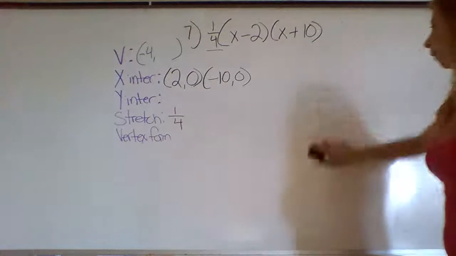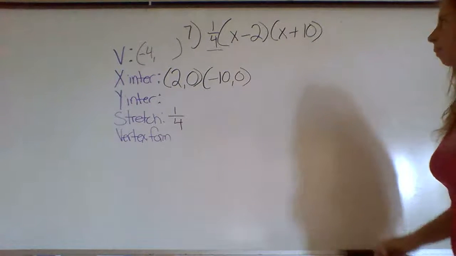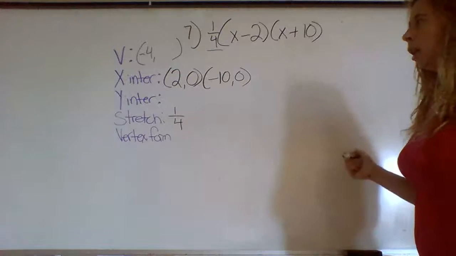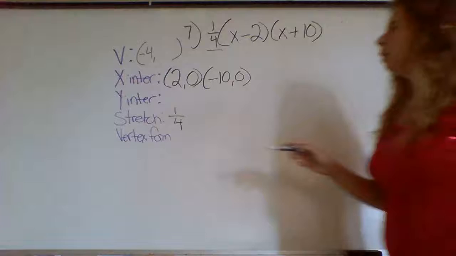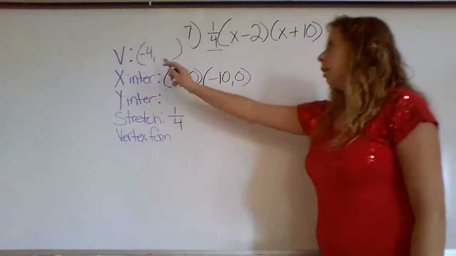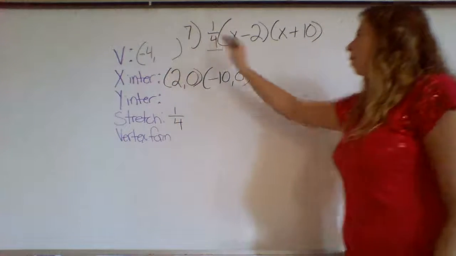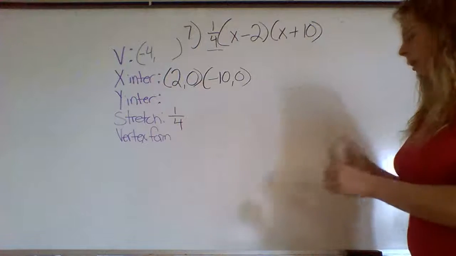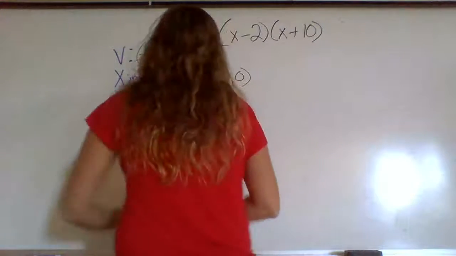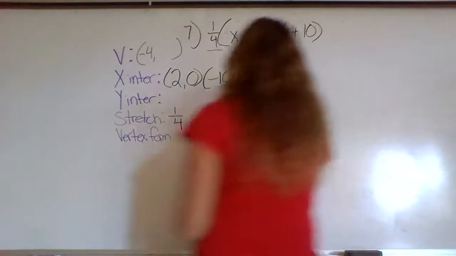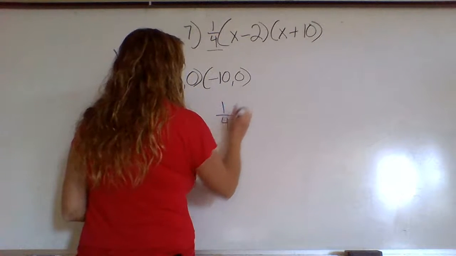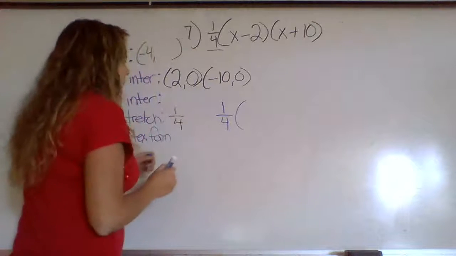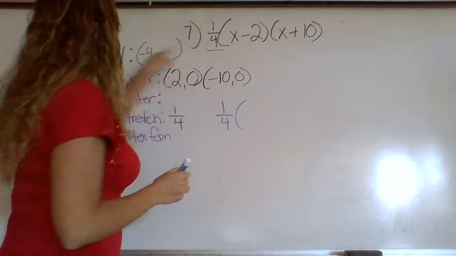Once you know the x value of your vertex, you can use it to find the y. You're just going to take -4 and substitute into your equation. 1/4 times, everywhere I see an x, I'm putting in my -4.